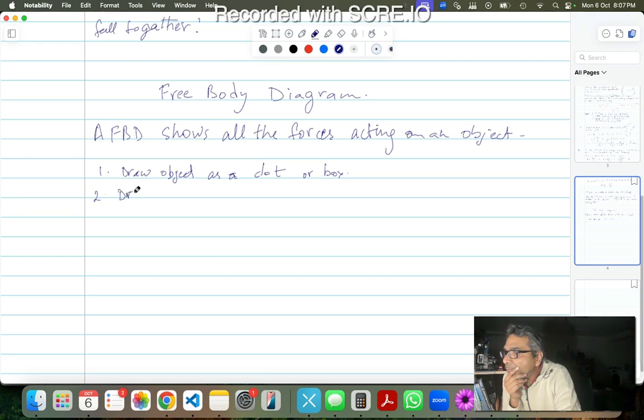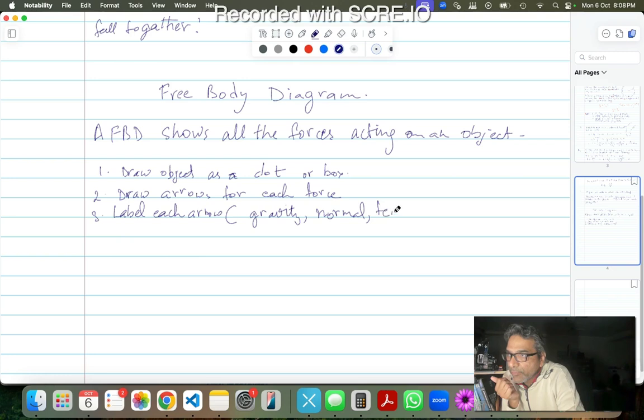Third, label each arrow: gravity, normal, tension, friction, or applied force.